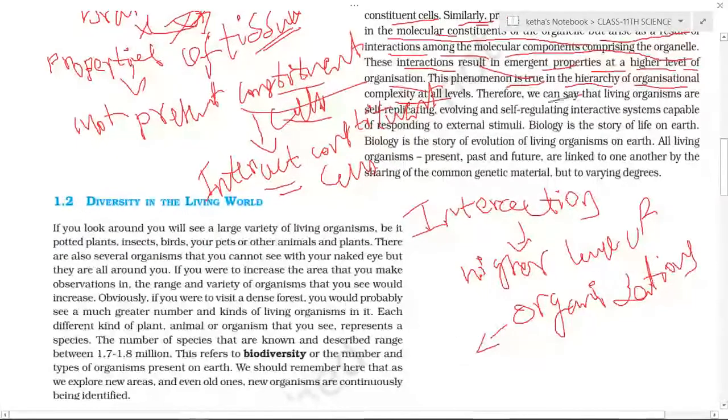Therefore, we can say that living organisms are self-replicating, evolving, self-regulating, interactive systems capable of responding to external stimuli.